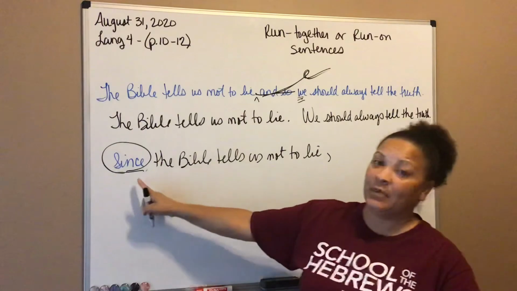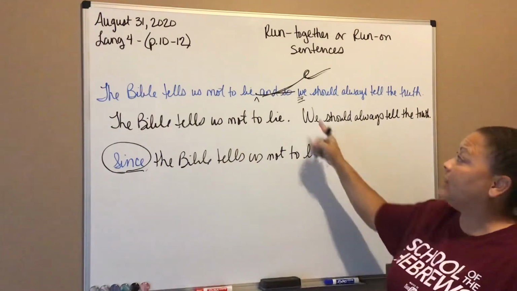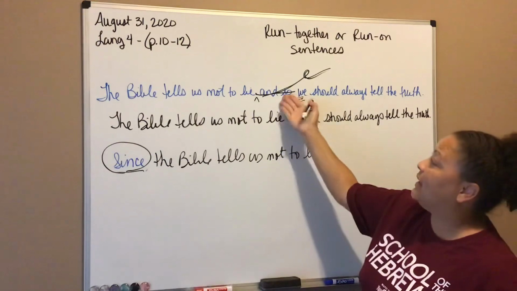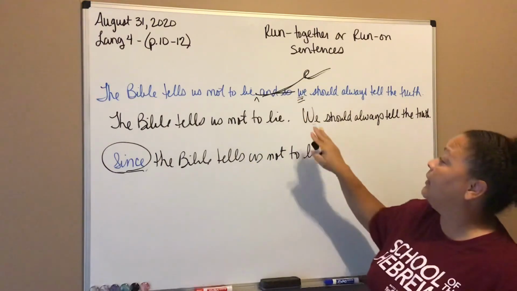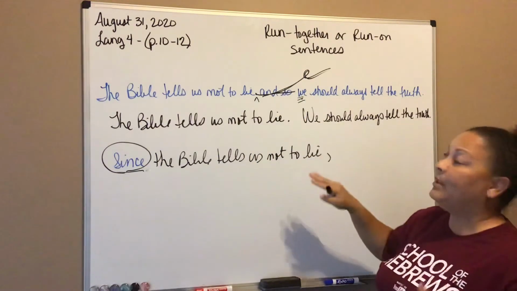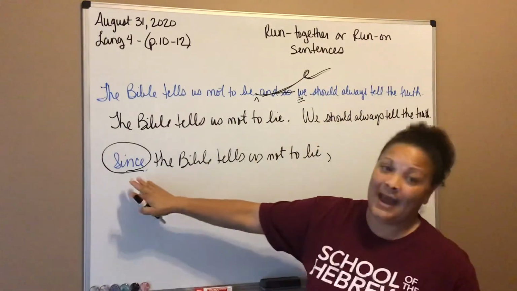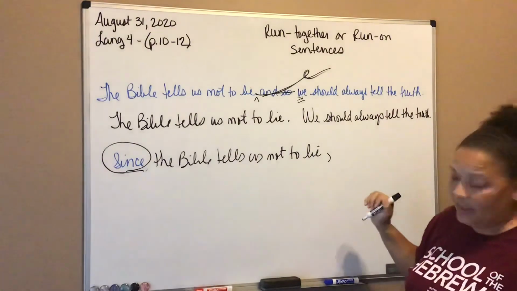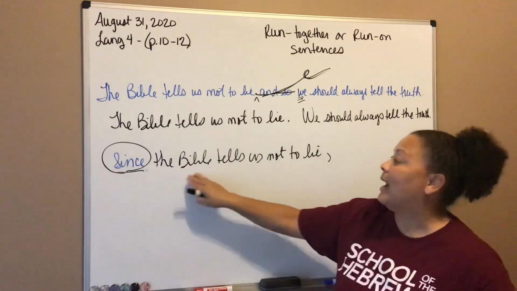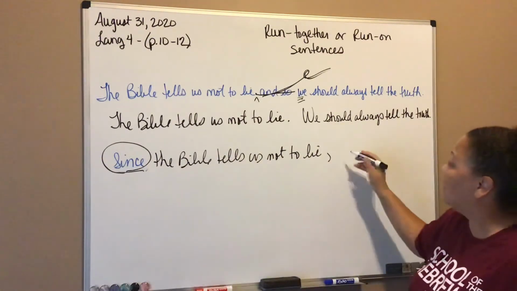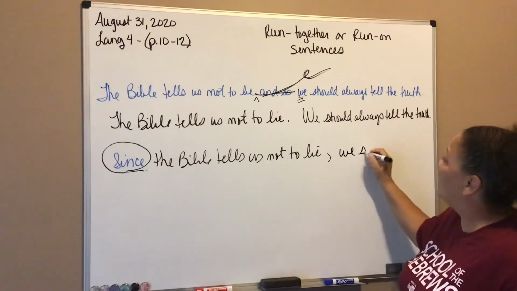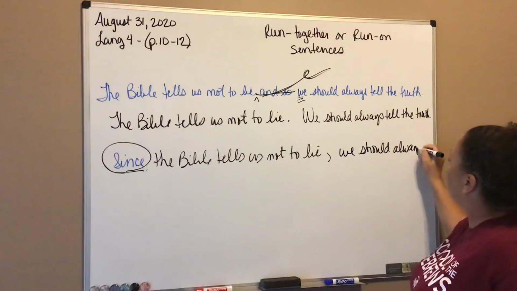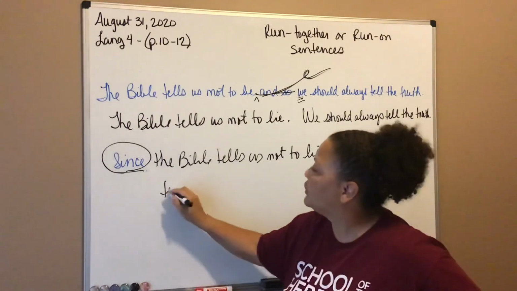Only if we add a beginning word do we use a comma in its place, okay? If we just make two sentences, we will take it out at a period and then capitalize. But if we take it out, add a beginning word, then we use comma, okay? All right, so since the Bible tells us not to lie, comma, lowercase w, we should always tell the truth, right? Always tell the truth.